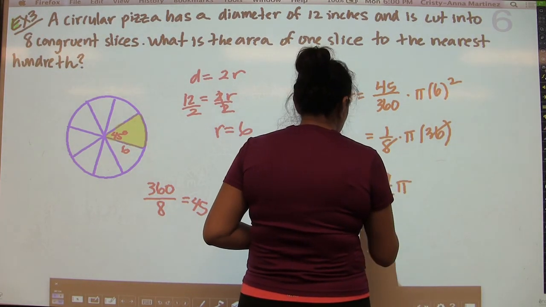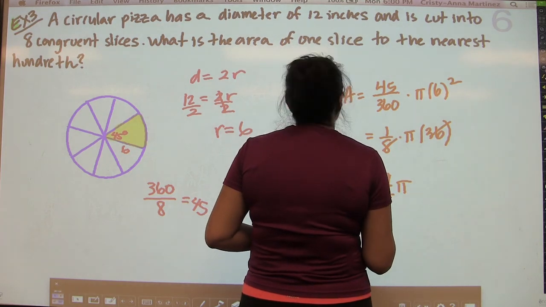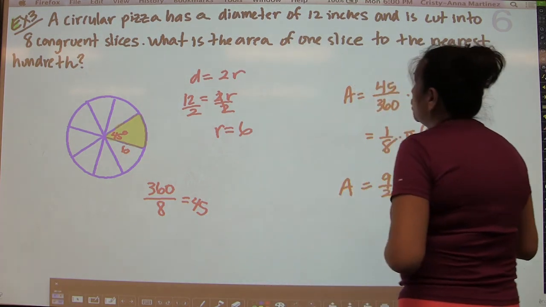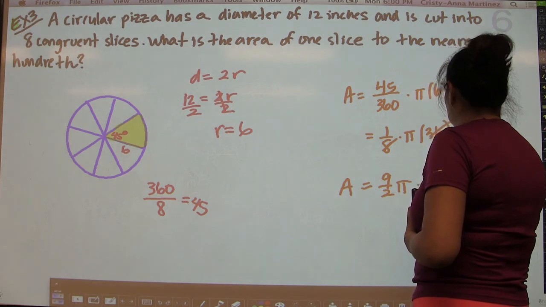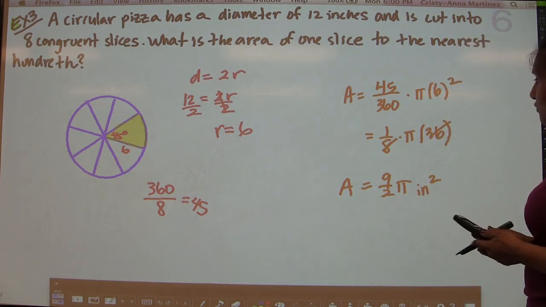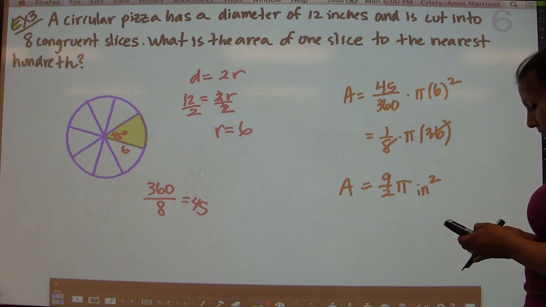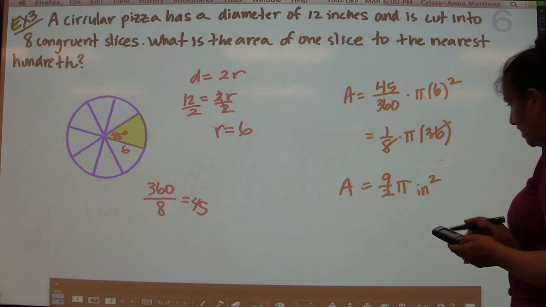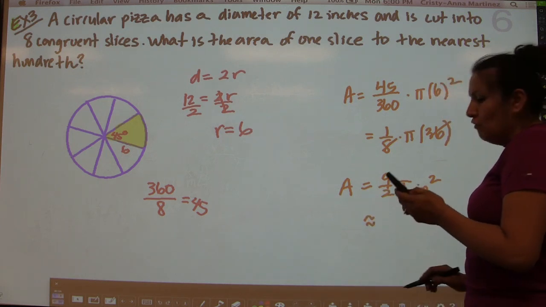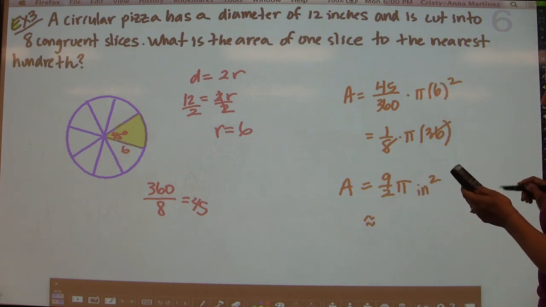So the answer is 9/2 pi, but it does tell us to round to the nearest hundredth. So we're going to take 9/2 in parentheses times pi, and that gives me 14.1371.